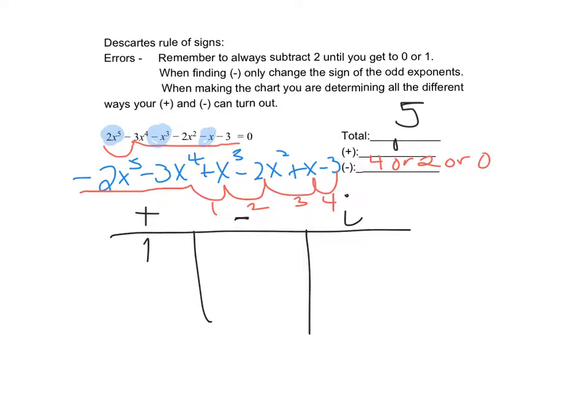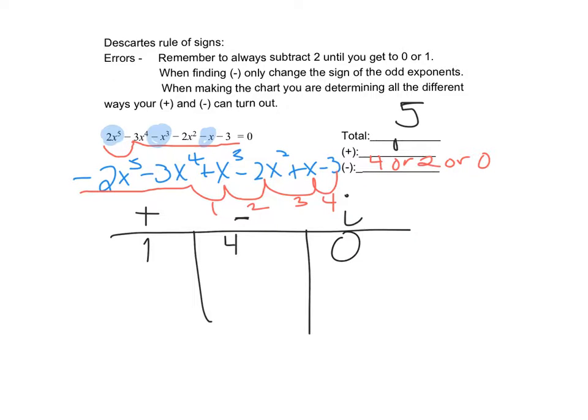So I can have one positive and 4 negatives, and I got that from here. My total is 5, so 1 plus 4 is 5. If that happens, I'm going to have 0 imaginary answers.